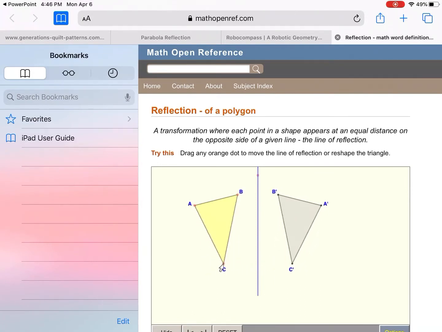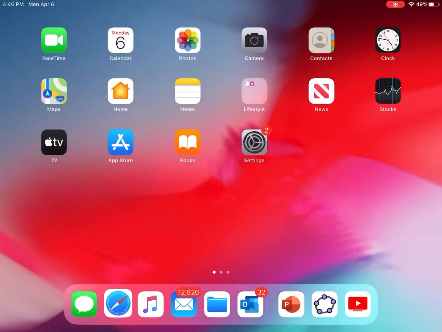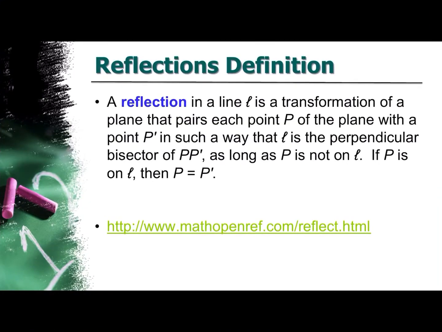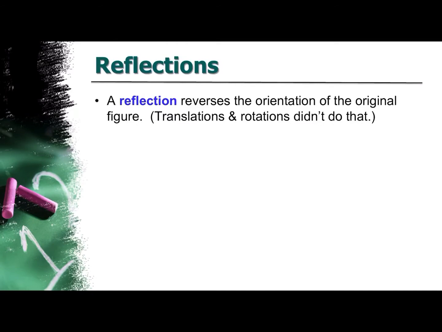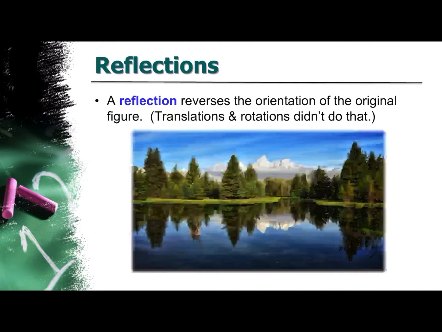So it's equal amounts on either side of that line of reflection. The reflection is different from the other isometries we did in that it reverses the orientation. It flips it, and translations and rotations did not flip it. They stayed in the same orientation, but moved it.